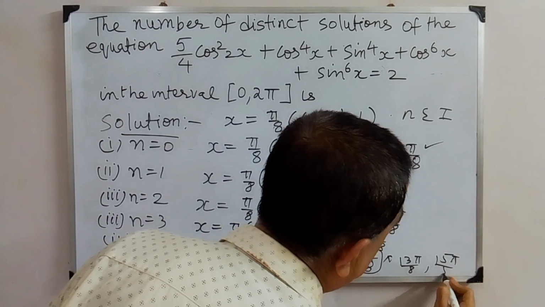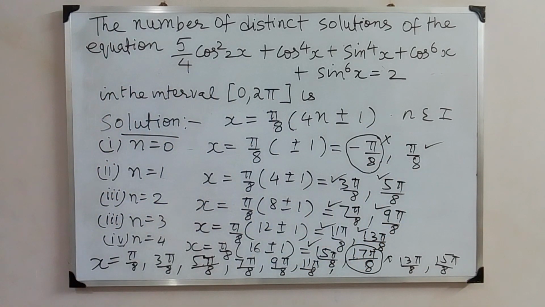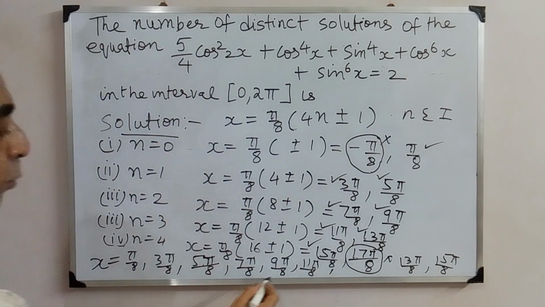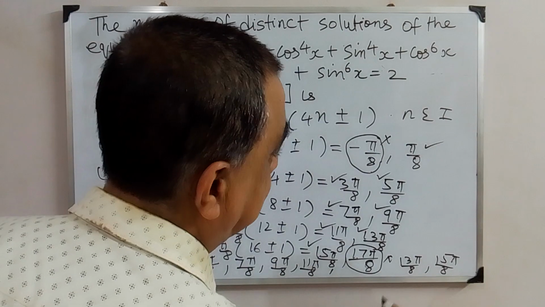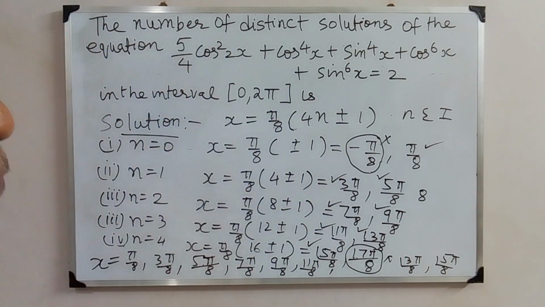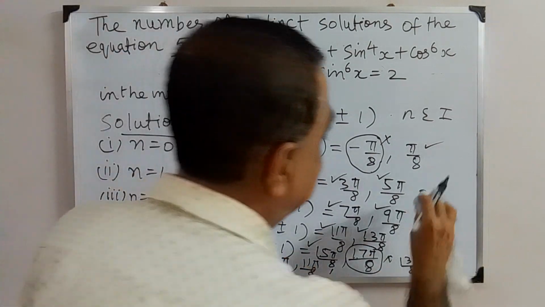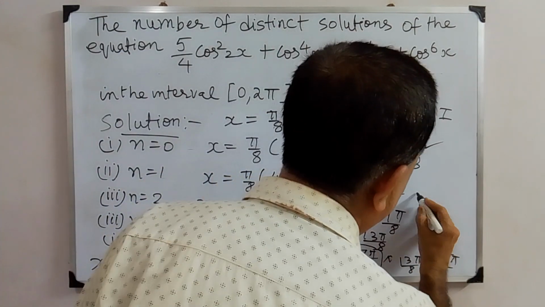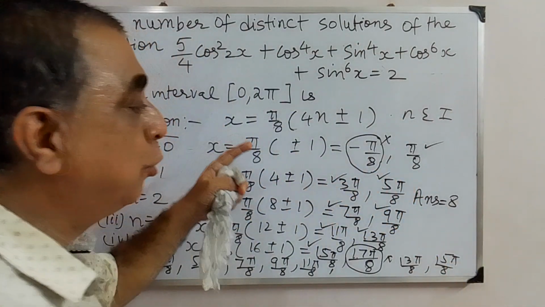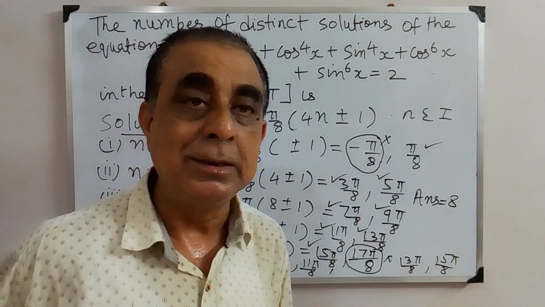These are the values of x which satisfy the given equation in this range. So count now: 1, 2, 3, 4, 5, 6, 7, 8. There are 8 distinct solutions, so the answer is 8. This number 8 is lying between 0 and 9. So the answer is 8.